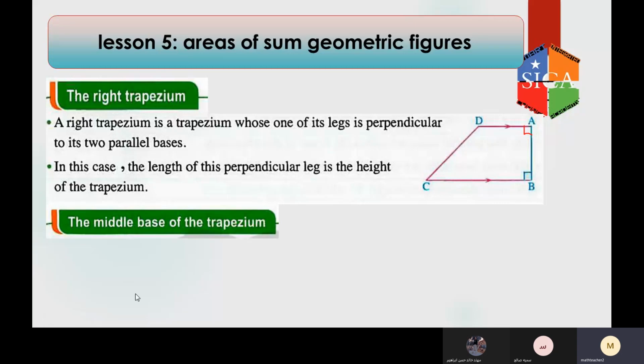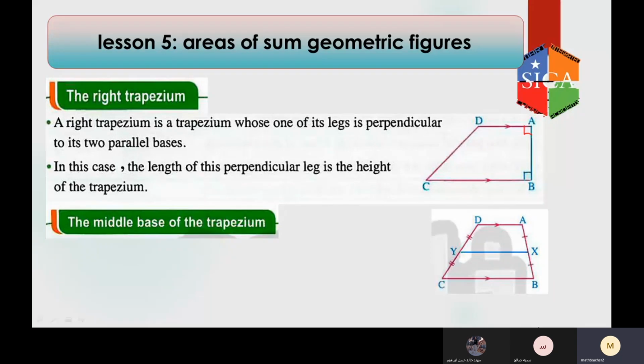The middle base of the trapezium: if we have a trapezium ABCD, X is the midpoint of AB and Y is the midpoint of CD, then XY is called the middle base. This middle base equals half the sum of AD and BC, half the sum of the two bases.